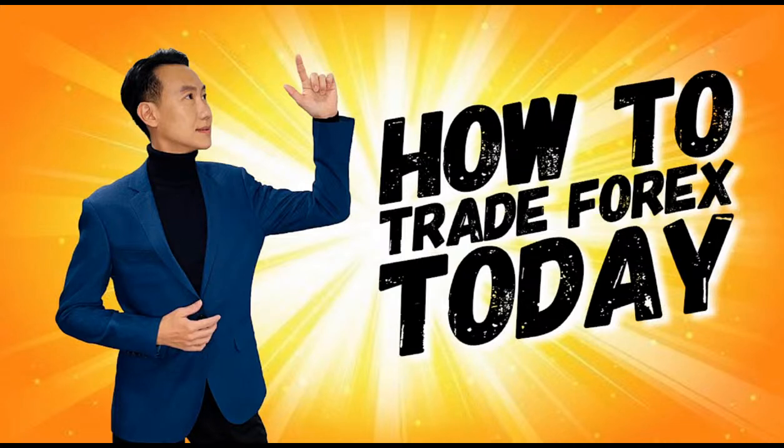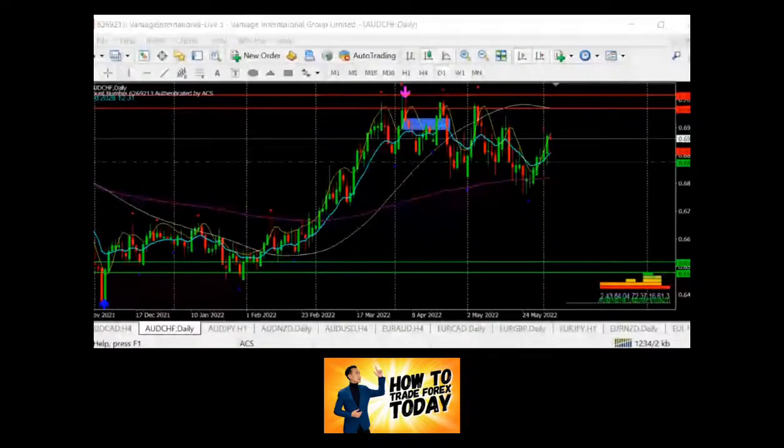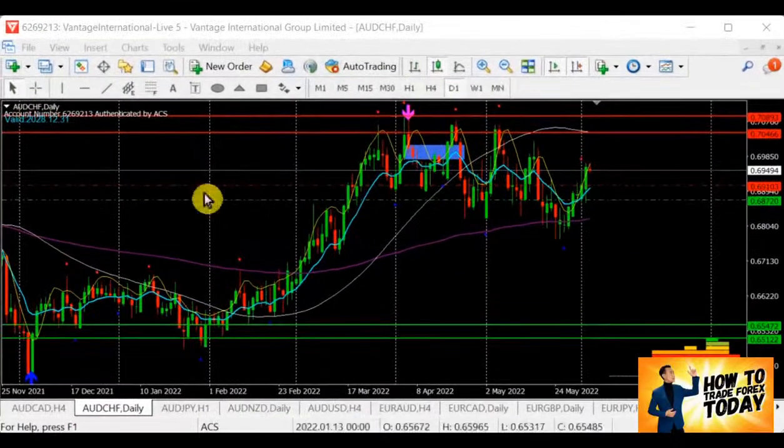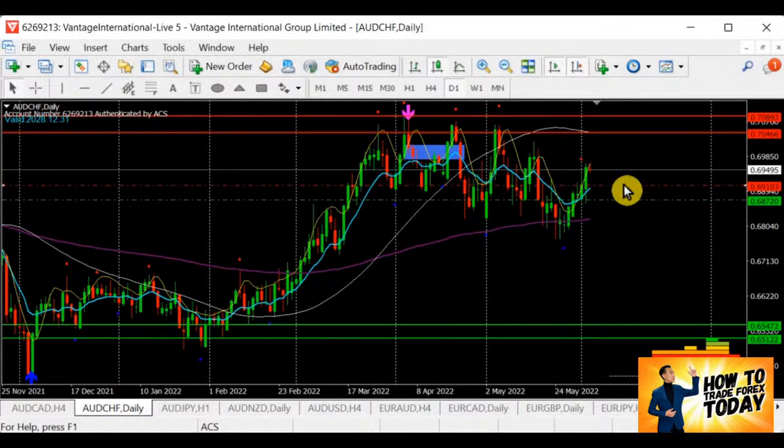Let's move again to Aussie franc. I think it is also very obvious that right now we are moving towards the north. However, in the general trend, looking at the whole chart, it seems to have tested a few rounds going down to a lower resistance, and now coming to a lower resistance as well.